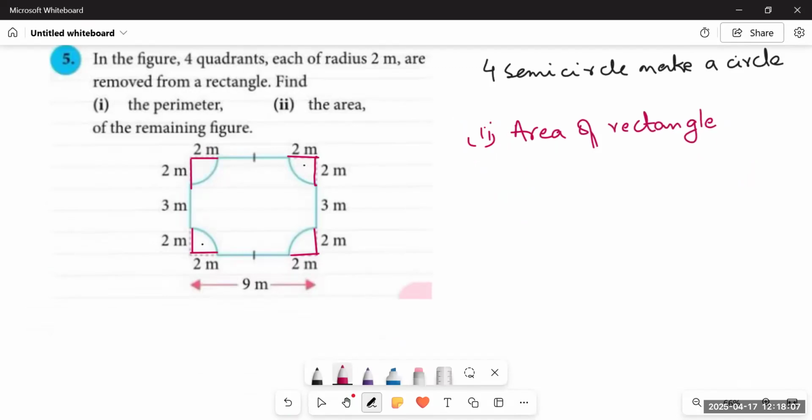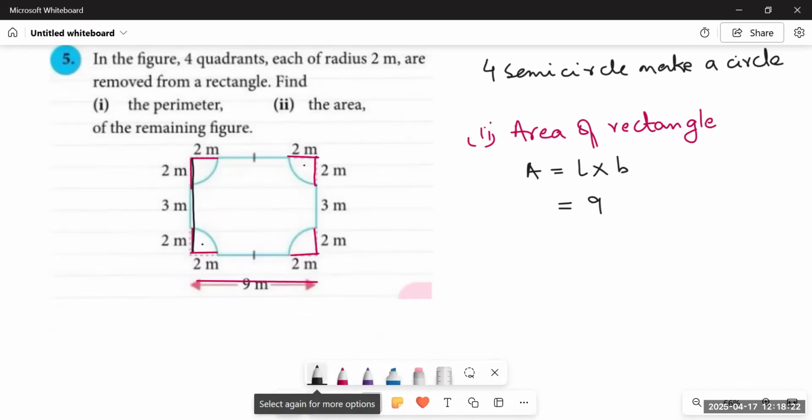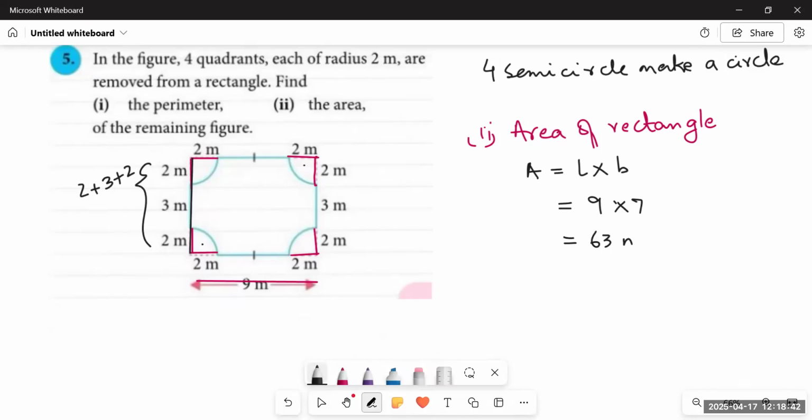Since we are provided with the length of 9 meters below, it means its length is 9. And for the breadth, we can see that on the left hand side, the 2 radii are 2 meters each, and the gap between them is 3 meters. So the total length is 2 plus 3 plus 2, which is 7. So we will multiply 9 with 7, and the area of the rectangle would be 63 meter square.